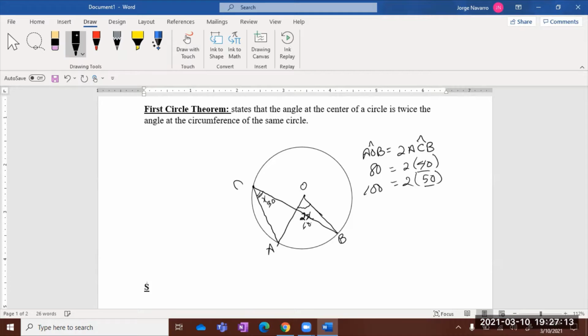Let me put the bold and underline. Second circle theorem, right?